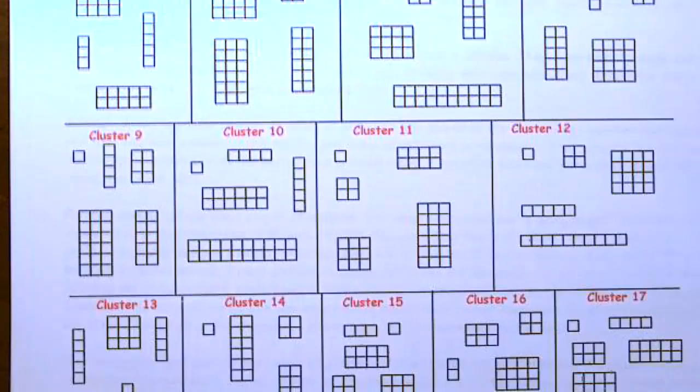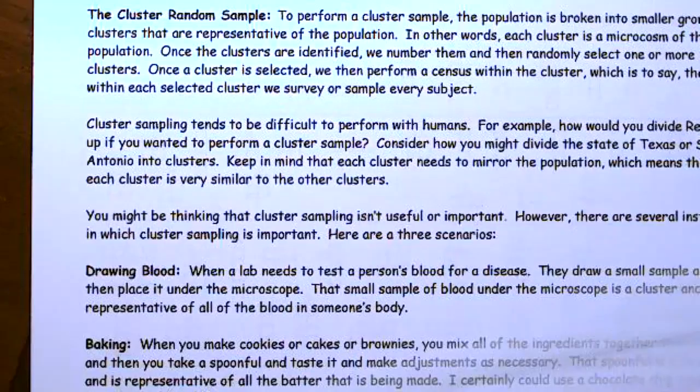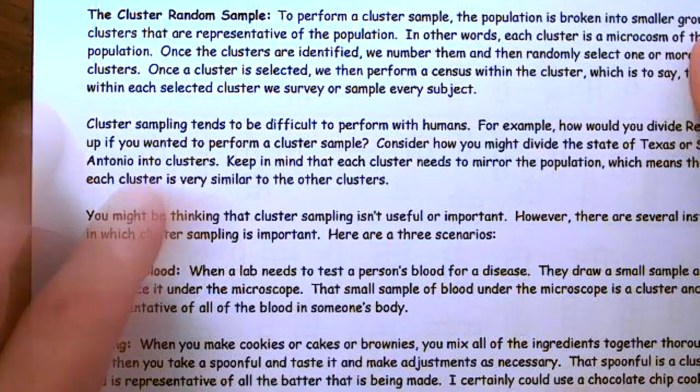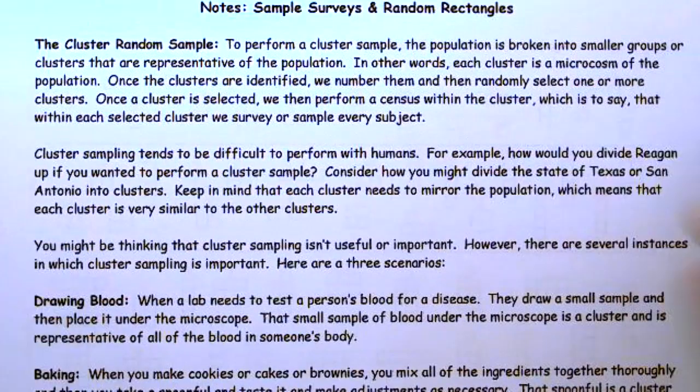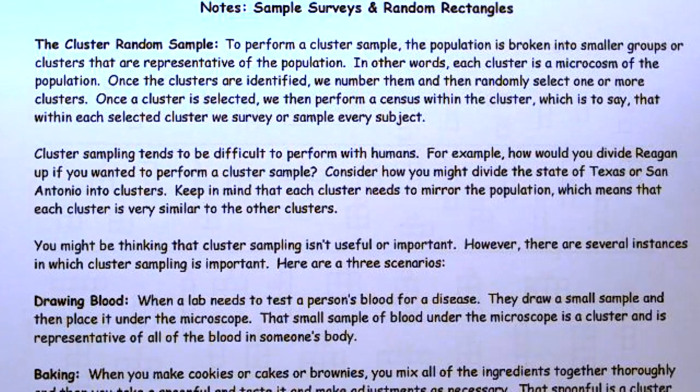The idea of a cluster sample is that it's broken into smaller groups, or clusters, that are representative of the population. In other words, each cluster should look like the population. It should be a microcosm of the population. It should have some big and some small, all right?